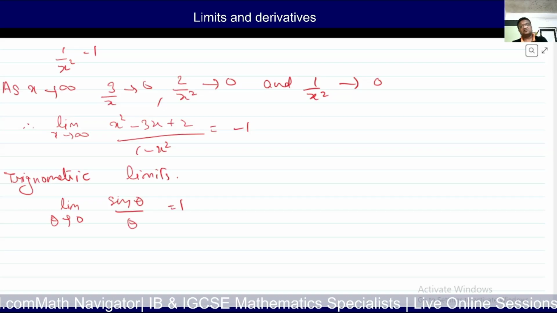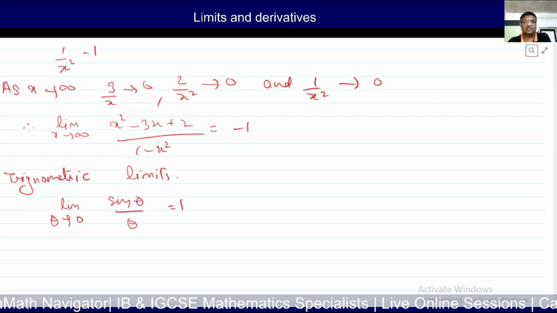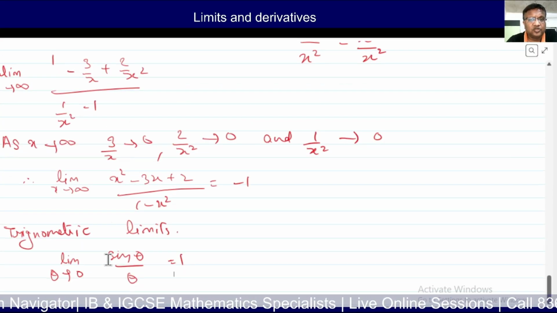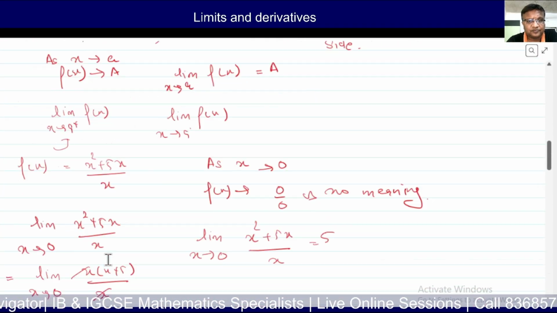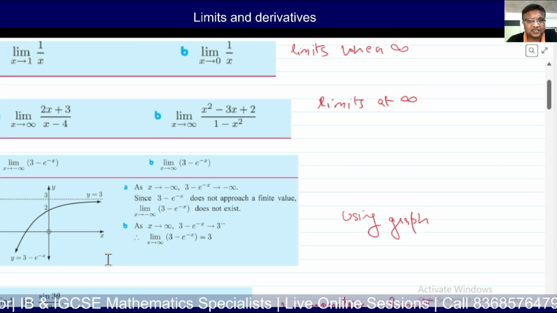This you have to remember. This is also given in the formula sheet. So let's do one question on this. How do we use it? Then you will understand.